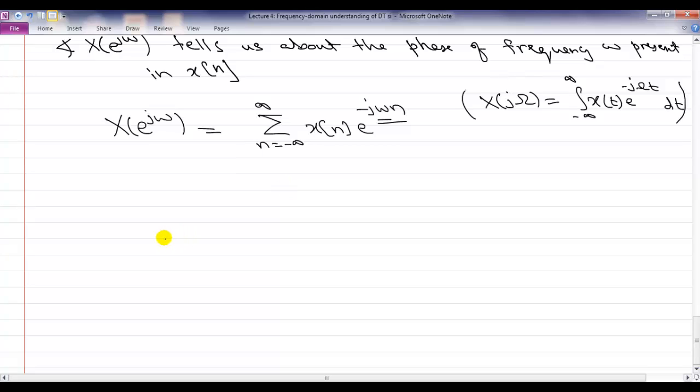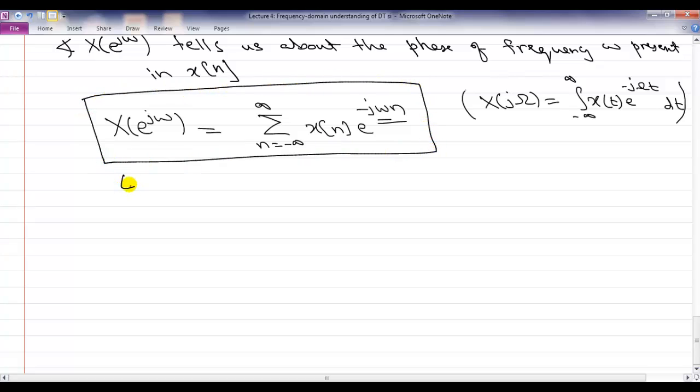Okay, so I can give you the equation of the discrete time Fourier transform now, which is this. It is called the analysis equation. Why analysis? Because it tells us the frequencies that make up my signal. Okay, so it's the analysis equation because it helps us analyze the signal.